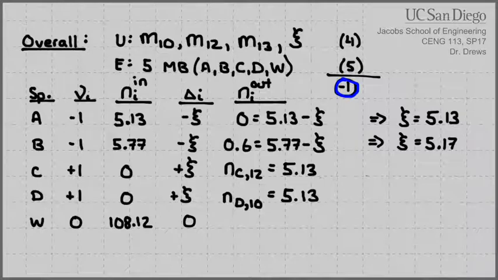And finally, the moles of water coming out, which I'm just going to abbreviate as moles of water out, has to be whatever was in, which is 100, what was it, 8? Yeah, 108.12. Where is this all coming out? It's actually coming out in multiple streams.